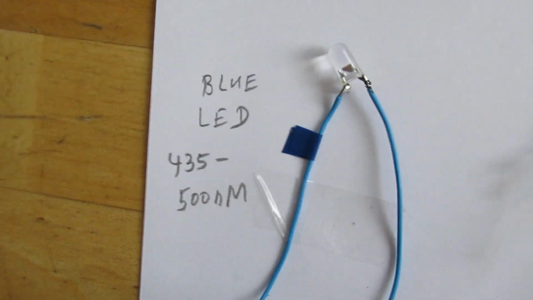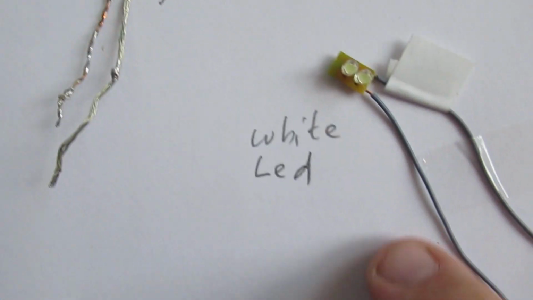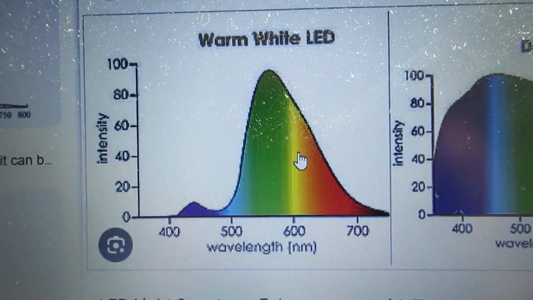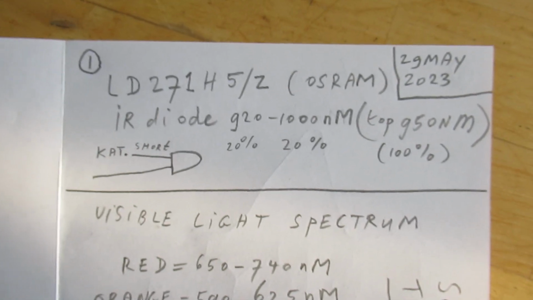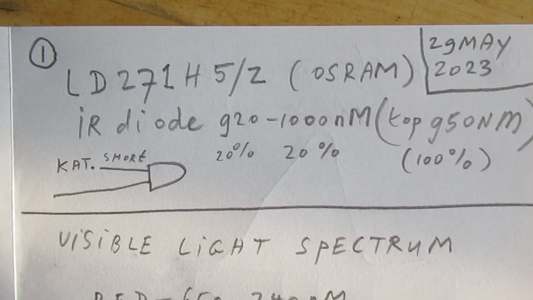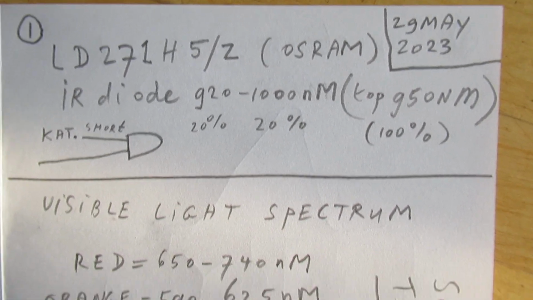Blue LED, this is the frequency range. The white LED, I've showed the frequency range here and told about it. So here again some things that I studied today, found out today.